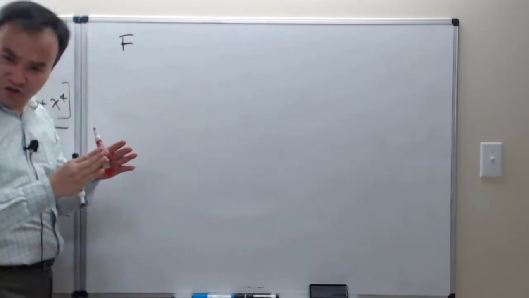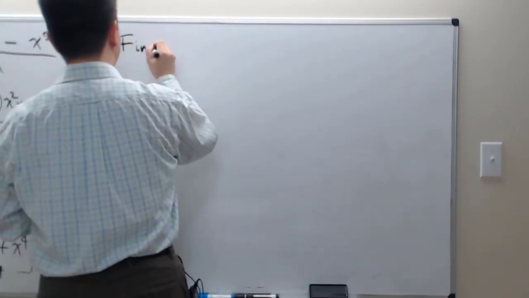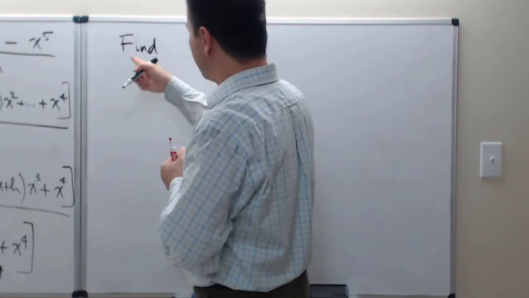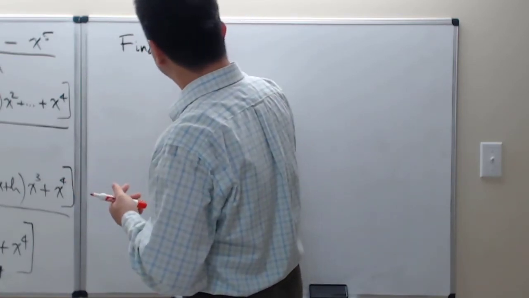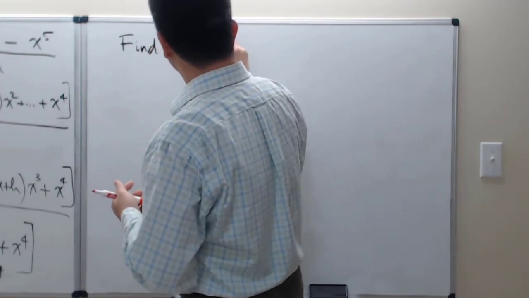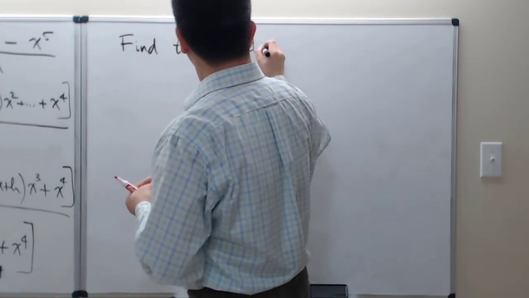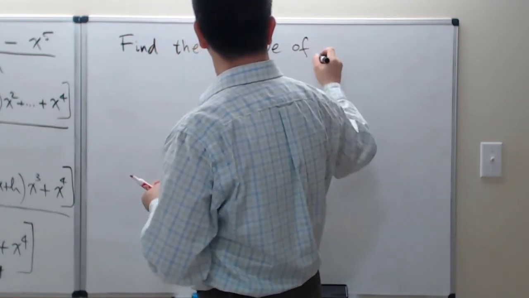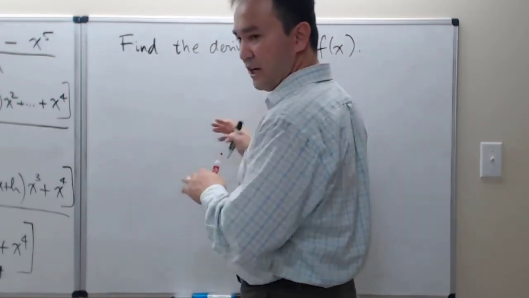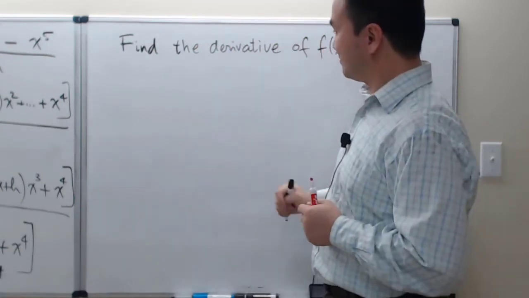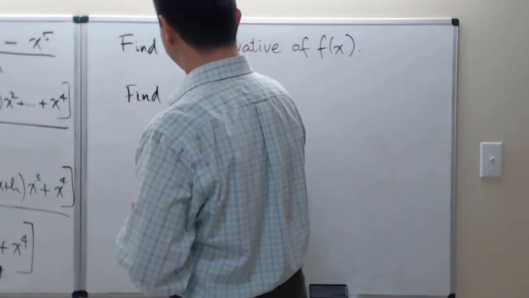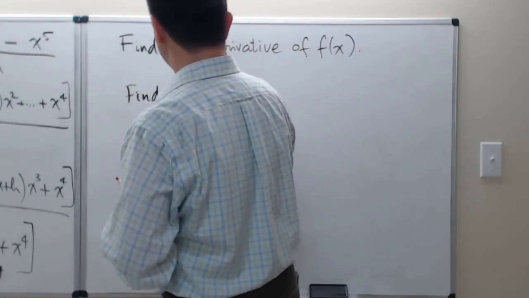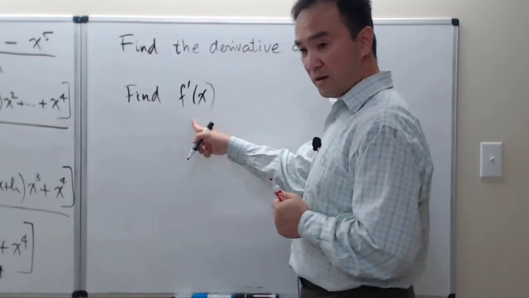The instruction of a lot of problems is to start out saying in words, find the derivative of f of x. That's spelled out in words. A shorter way of saying it is find f prime. That's one way of saying that.